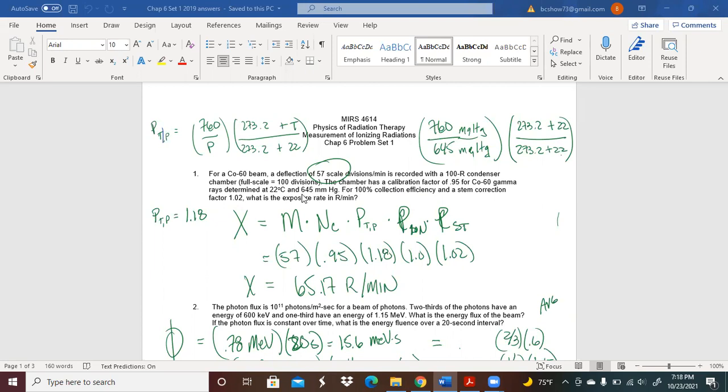So we've got our temperature and pressure. So for 100% collection efficiency and a stem correction factor of 1.02, what is the exposure rate in Roentgens per minute? Now, how are we going to generate that?